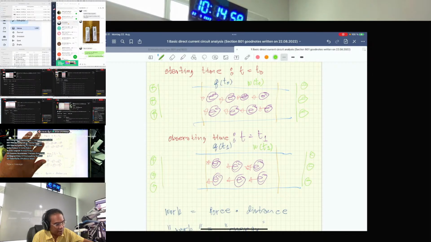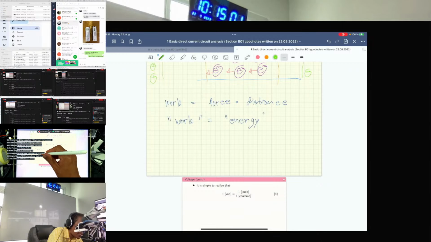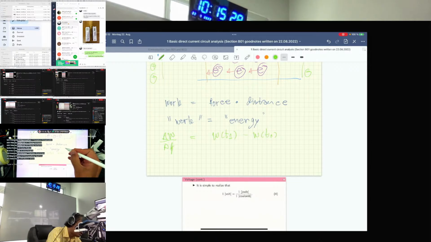Okay, and this guy, the person here, observes the ratio between delta W, the work difference, divided by the difference in the amount of charge. Okay, this ratio is going to be W at t final, which is t1, minus W at the beginning, the starting time, and here is the charge at the final or observing time, minus the amount of charge at the starting time.